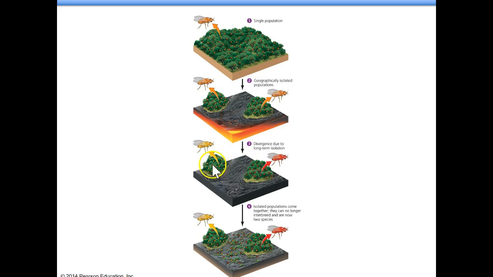So notice that in this area their resources are kind of yellow in color, so that species is kind of yellow, and their resources here are red in color, and that adapted to be red in color. So these isolated populations that we see in the fourth one eventually become so genetically distinct that they're unable to breed, and they wind up developing this new species.